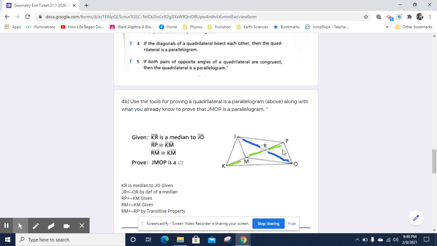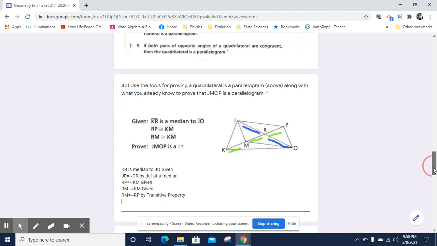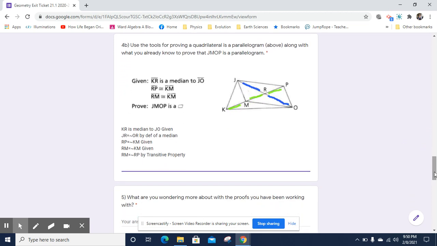Now we can say that JO bisects MP, because MR and RP are congruent.